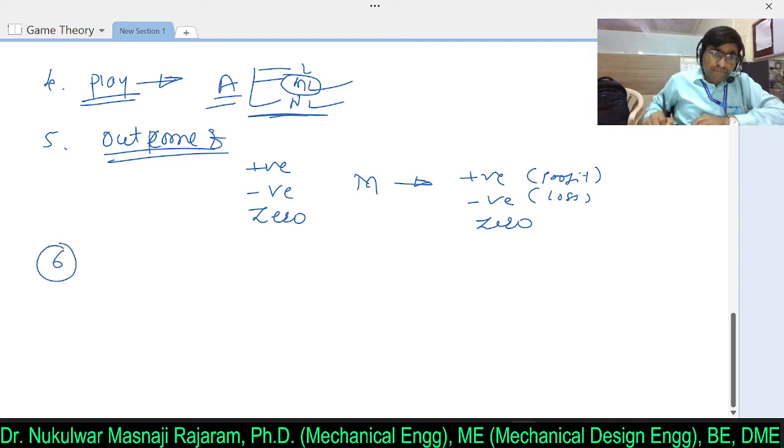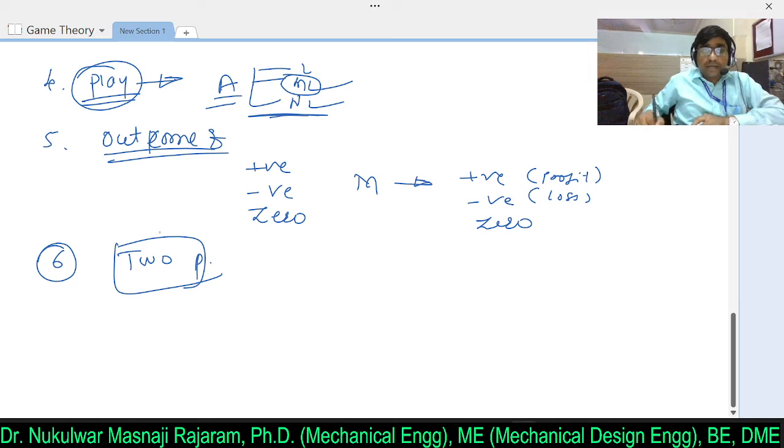But if the game is played, there will definitely be some outcome. Clear? Now the gain of participants depends not only on his own decision. I am recalling here that there are two participants.